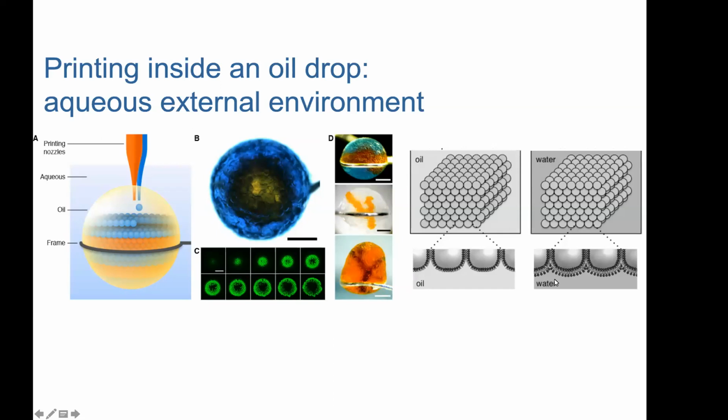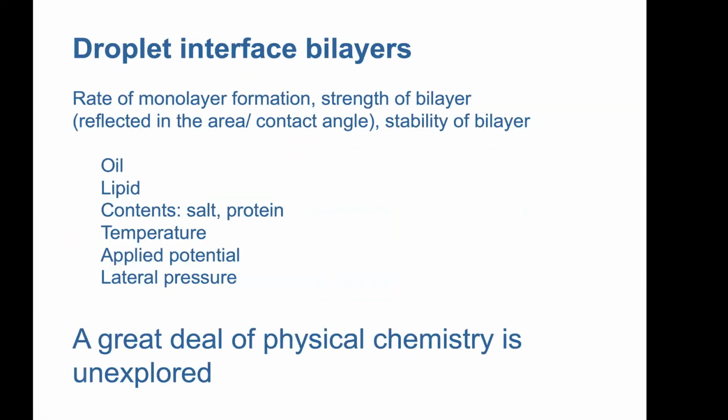So once you've transferred one of these structures to water, there are bilayers between each droplet, and that allows you to put in protein pores to get them to communicate, but there are also bilayers facing the outside world, the aqueous world, and again, you can get them to communicate with the outside world in that way.